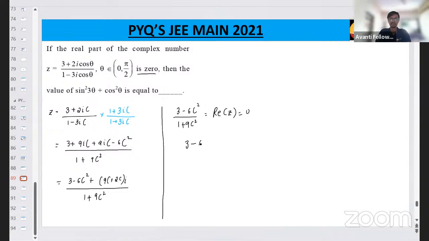That means 3 minus 6 cos square is 0. Correct? This means 3 equals 6 cos square. So we got cos square theta is 1 by 2. Again, theta is in the first quadrant, so if theta is in the first quadrant, we don't need to take plus minus.